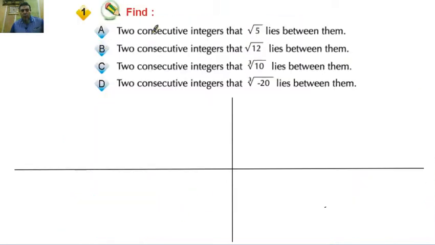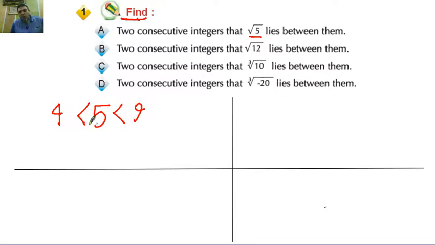Find two consecutive integers that square root 5 lies between. We do as follows: square root 5 is greater than and less than. We take a perfect square less than 5, which is 4, and the perfect square greater than 5, which is 9.